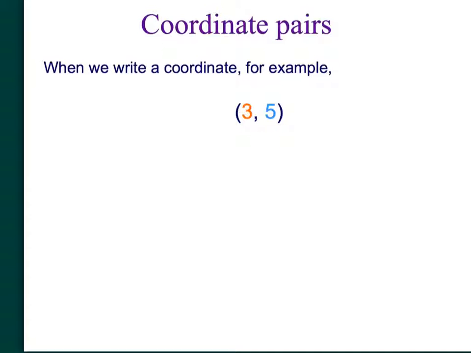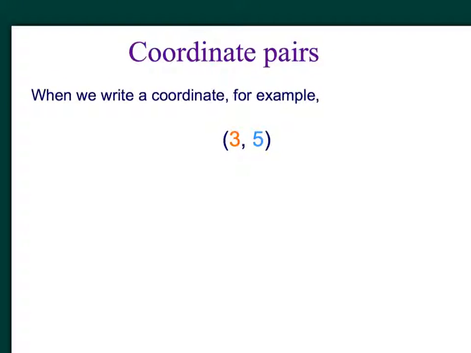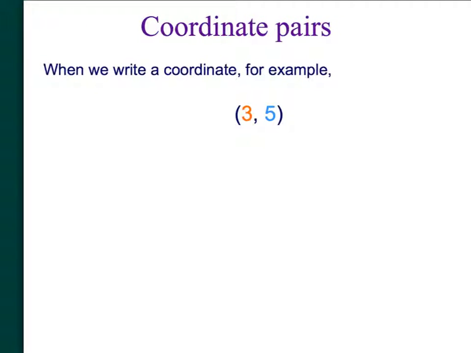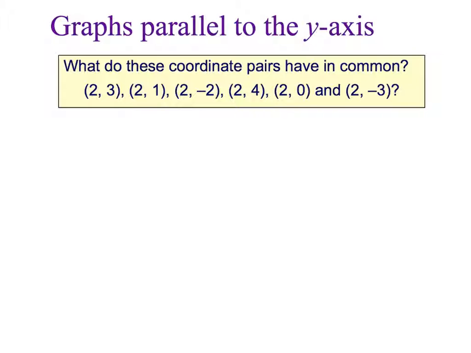A bit of background. Every coordinate, as we write it, has both an x and a y component. And if we look here, this is the x part of the coordinate and this is the y part. It allows us to plot graphs, but it also helps us to find connections.